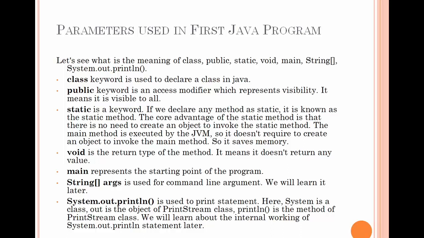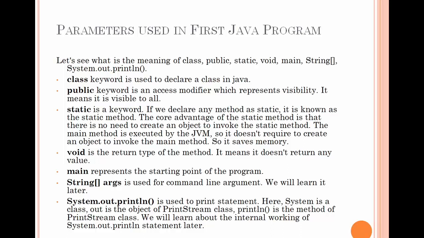Then we have another keyword, void, which is the return type of a method. Void means it doesn't return any value. We have the main method, which represents the starting point of the program. Java starts from the main method.